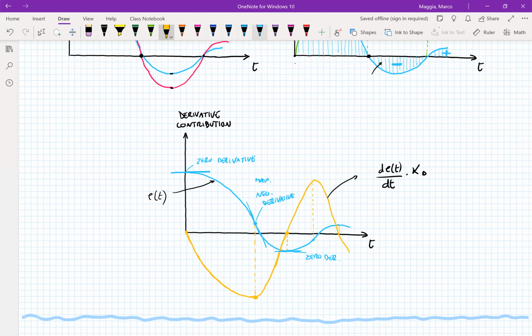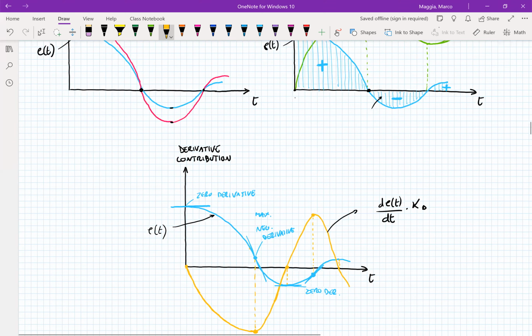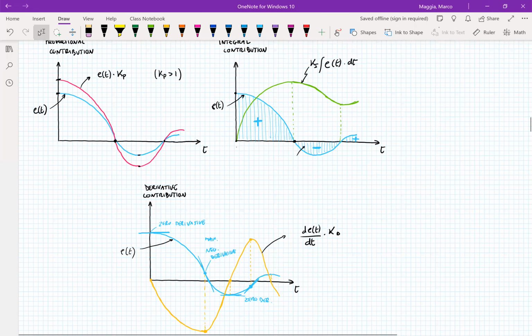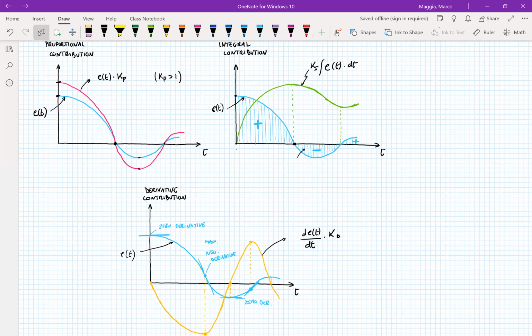You can also visualize the maximum positive derivative right here at this point. So you're going to have a maximum when it comes to the derivative. So it is more intuitive to look at the contributions, proportional, integral, and derivative in the time domain.